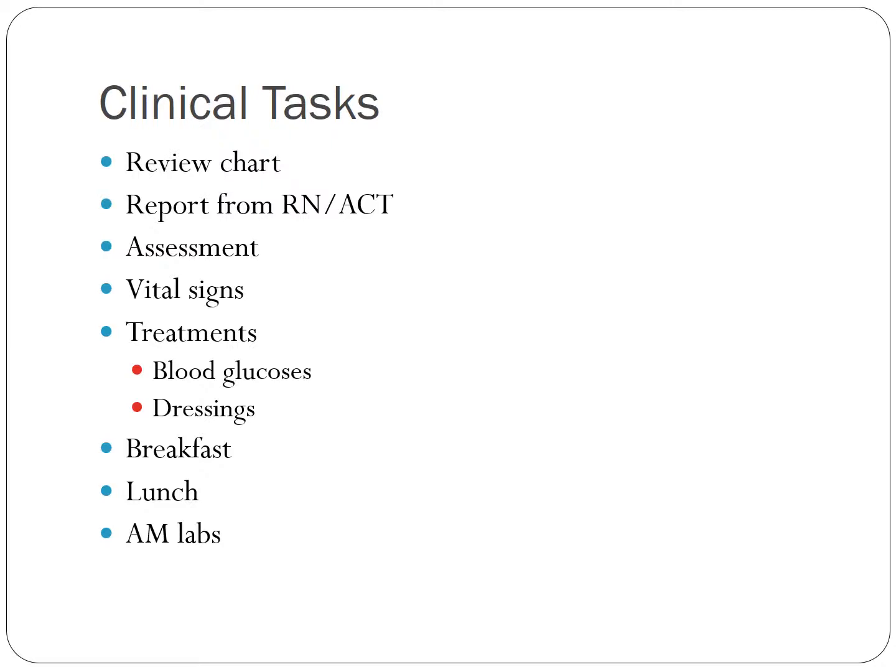AM labs. This is something that as first semester students, you are probably used to eventually getting to the AM labs and looking at them, but most predominantly you looked at them the night before. One thing that's different about second semester is when we come on the floor, many of the meds that we give are on a sliding scale, and they're based on the lab value for that morning.